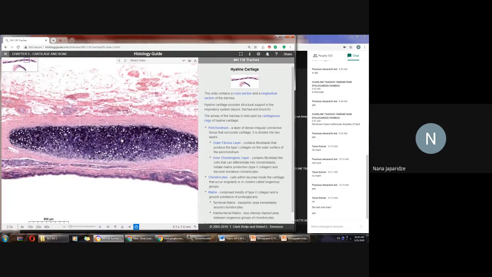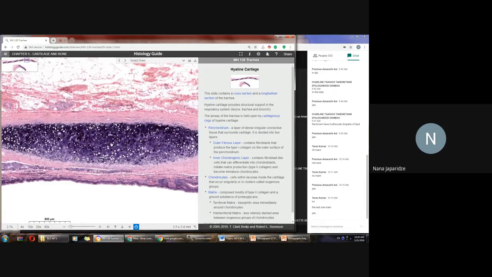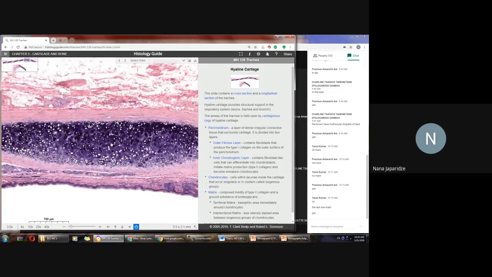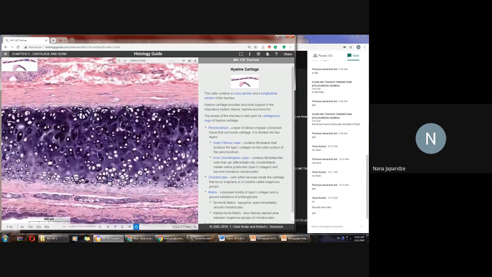Prisha, maybe you can explain to Tarun what is happening here on this image. What is the difference between the appositional growth and interstitial growth? Can you, Prisha? Where are you, Prisha?